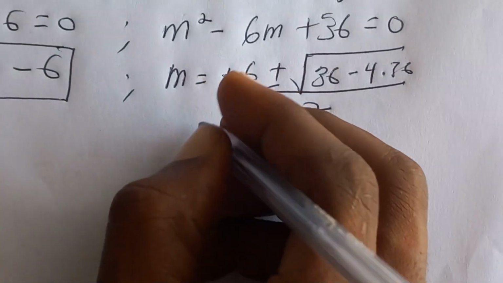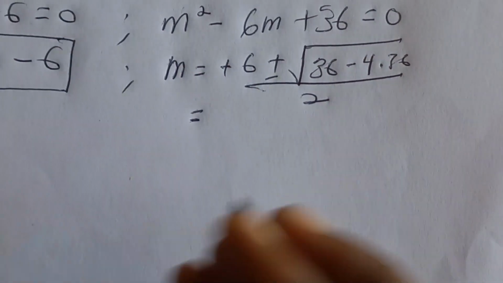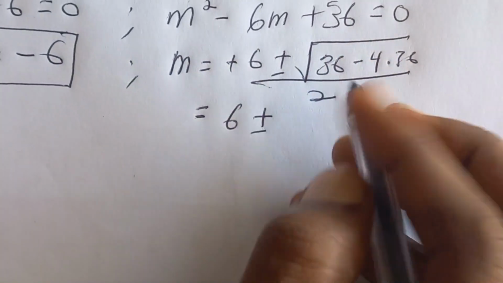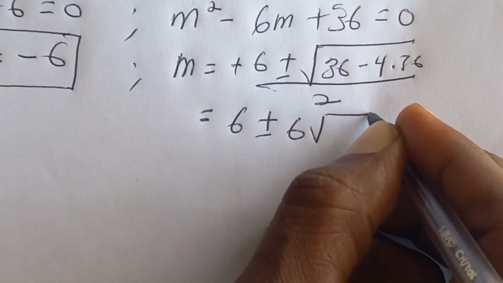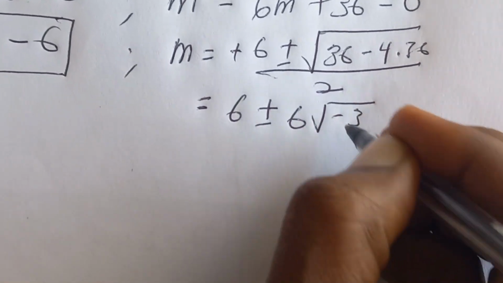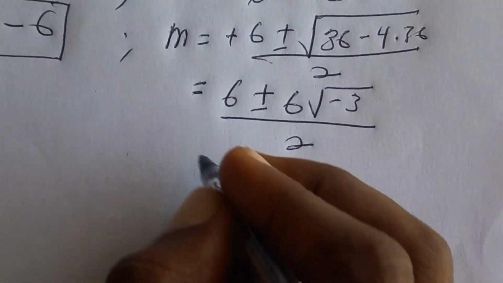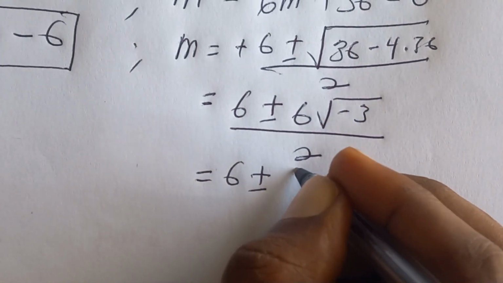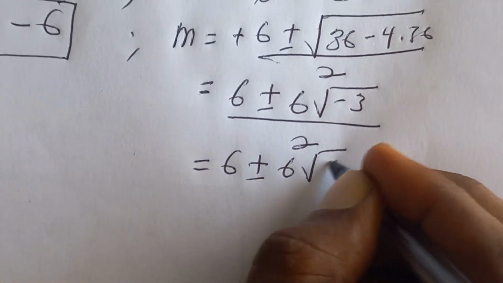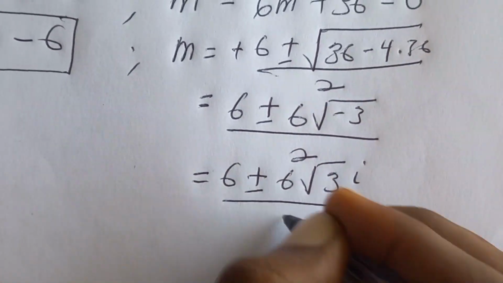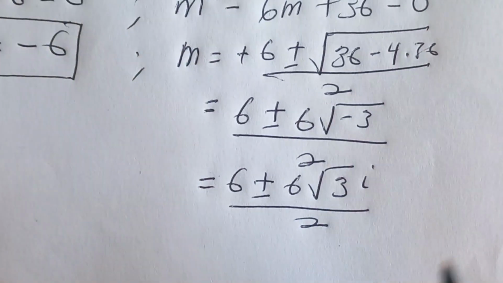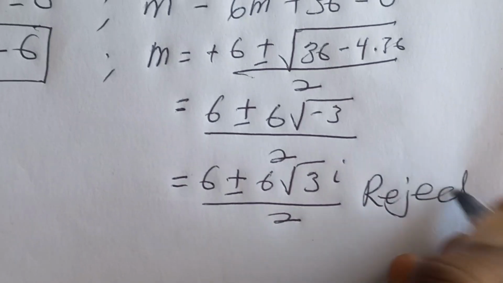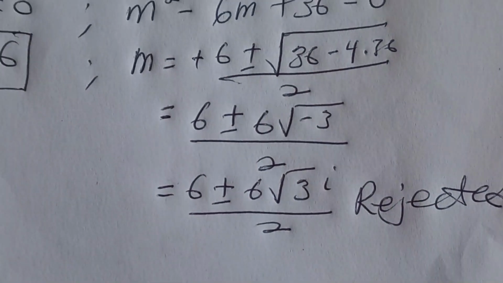So now we are going to get 6 plus or minus 6 square root of negative 3 over 2, which is equal to 6 plus or minus 6 root 3i over 2. So this part we are going to reject because of the complex solution.